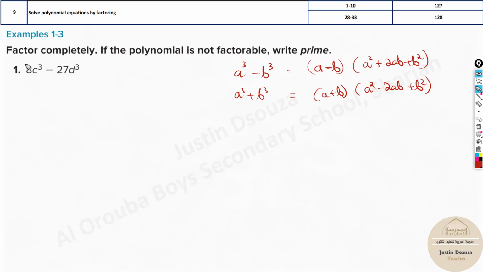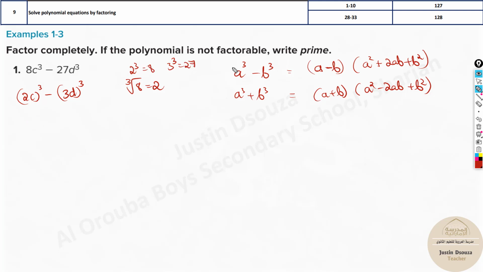Now, how to get this into whole cube? We know that 8 can be written as 2 cube. You can just use your calculator, use the cube root option and press 8, your answer is 2. So this can be written as 2c the whole cube minus 3d the whole cube. Why? 3 cube is 27 and 2 cube is 8.